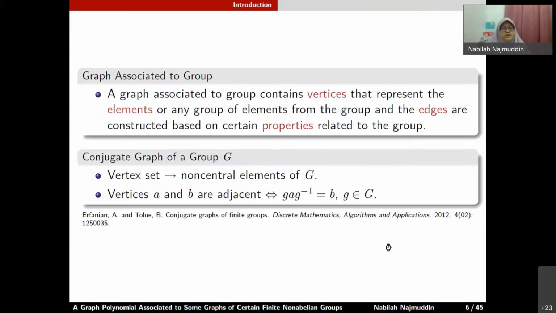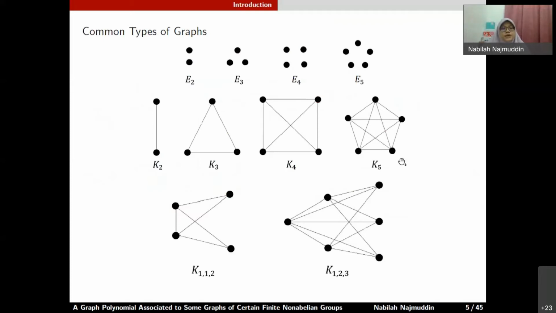Example of graphs. These are some common types of graphs that exist in graph theory. First is the empty graph. Here are the empty graphs of 2, 3, 4, and 5 vertices. An empty graph means the graph contains only vertices without edges. Then we also have complete graphs, in which each vertex is adjacent to every other vertex.